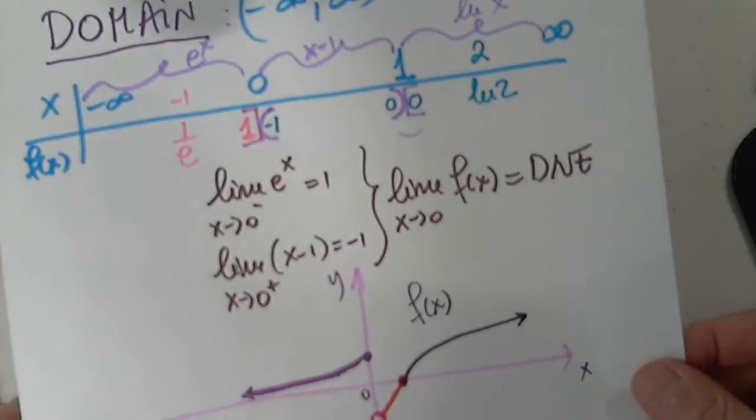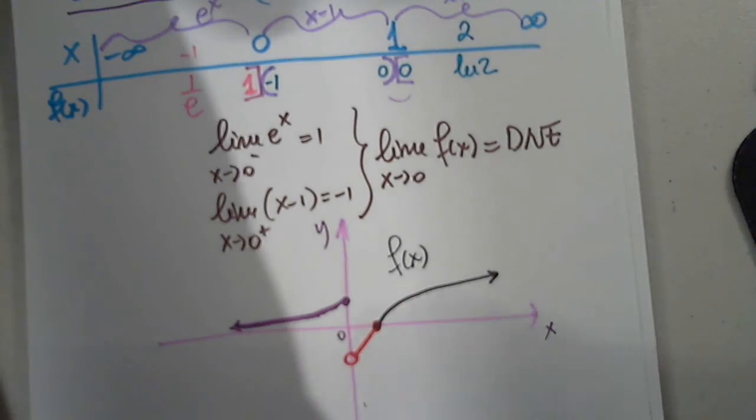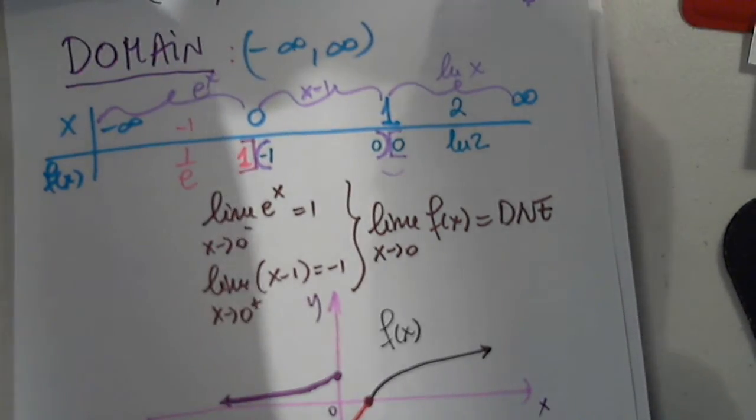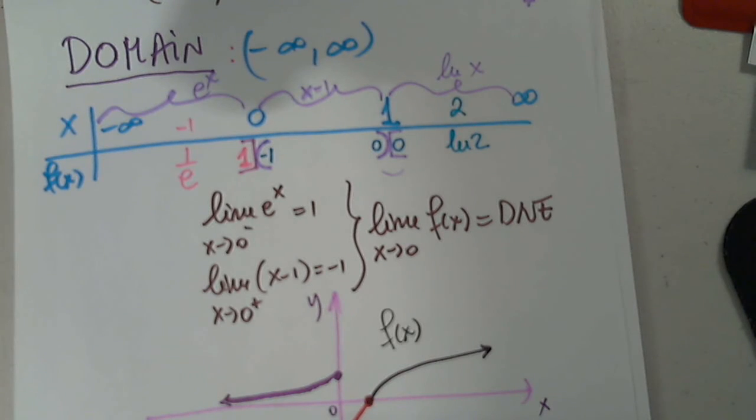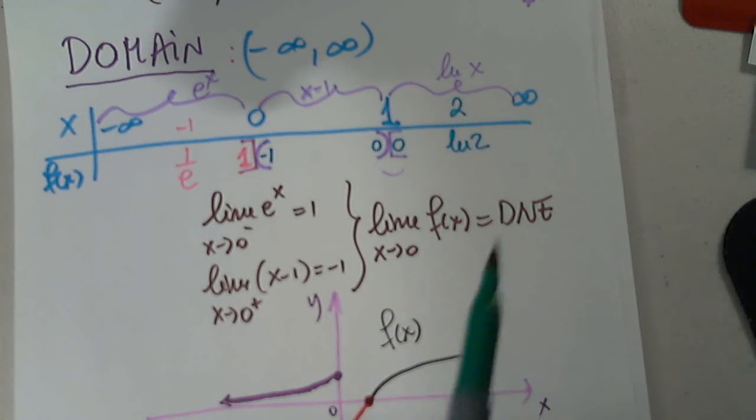Also, I'm going to ask you from the graph, I would like you to identify for me the range of this function. You can also easily determine it from the y values here and from the graph.